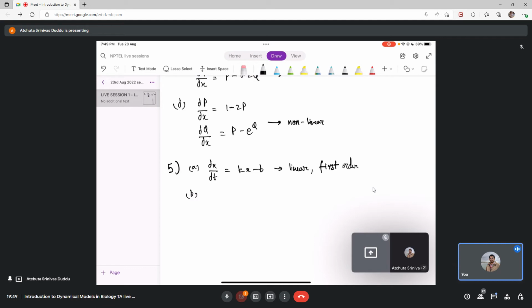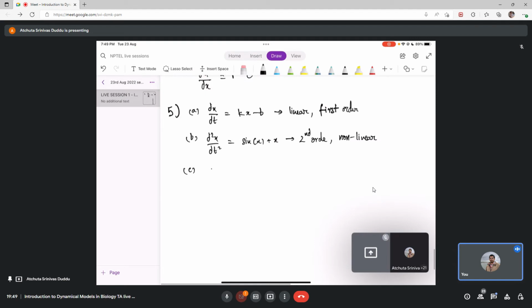B, we have d square x by dt square, which is equal to sine of x plus x. So this is definitely second order, since on the LHS we have d square x by dt square, and since on the RHS we have sine x, which is a non-linear term, we have non-linearity in the system as well. So this is non-linear.